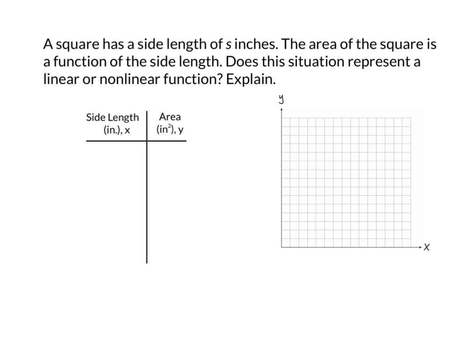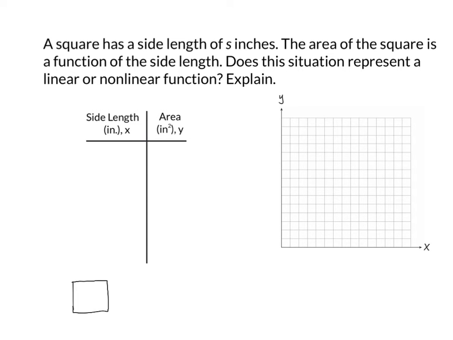A square has a side length of s inches. The area of the square is a function of the side length. Does this situation represent a linear or nonlinear function? Explain. So I'm going to start by drawing a picture of a square. So remember that a square has 4 sides. All the sides are the same length, and the angles are all 90-degree angles.